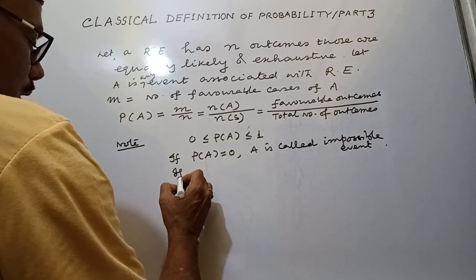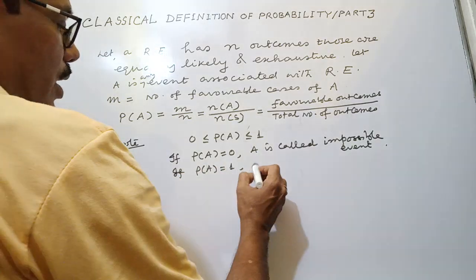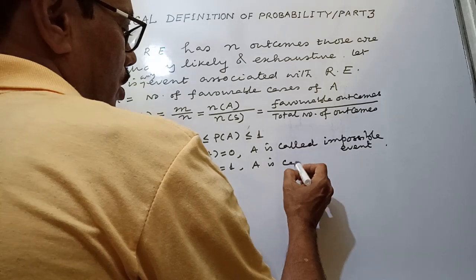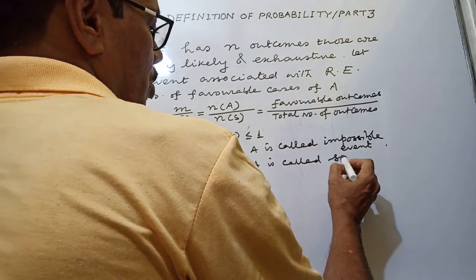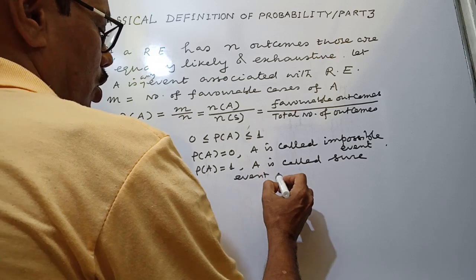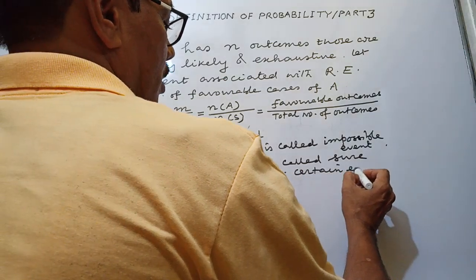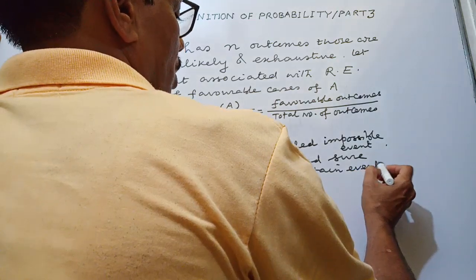And if P(A) equals 1, then A is called a sure event or certain event.